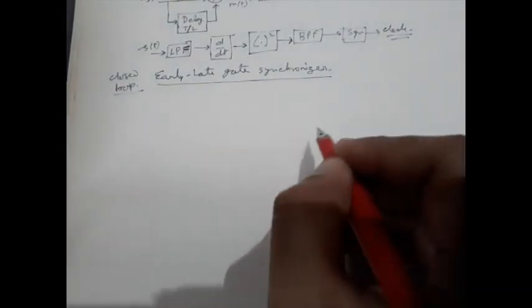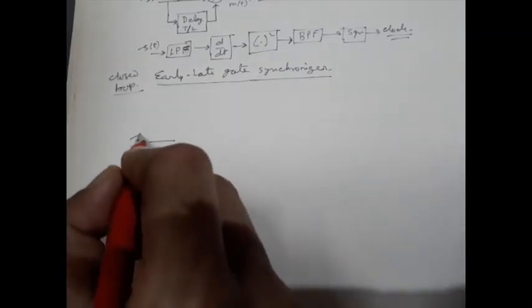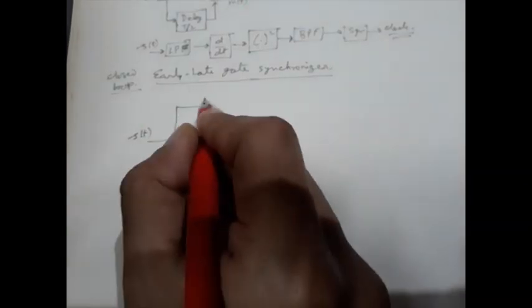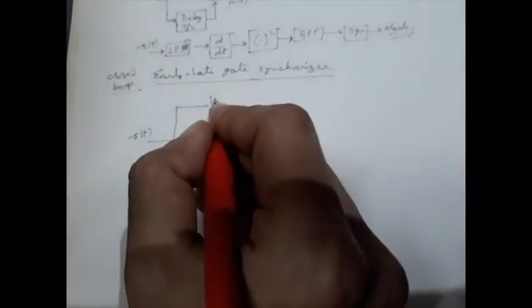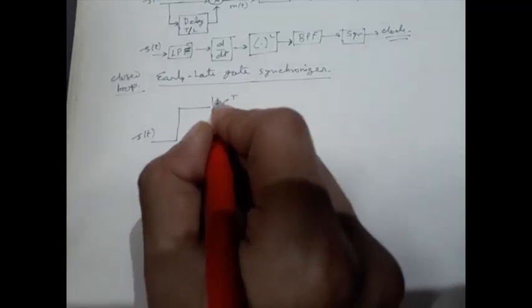So just consider the basic block of this early late gate synchronizer. So here we have two integrators.